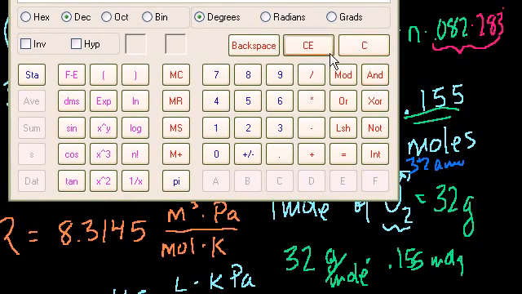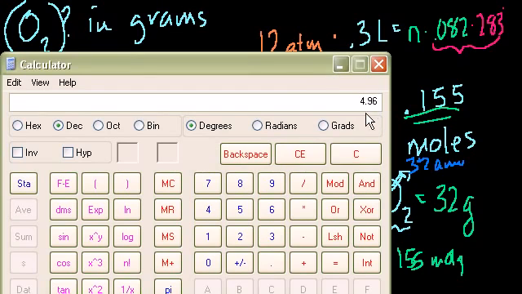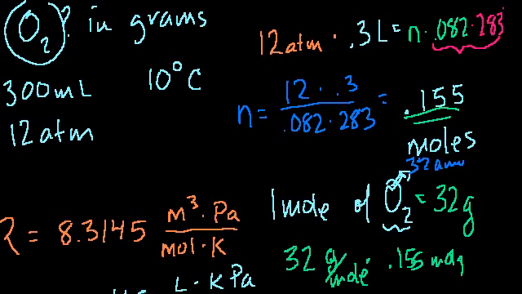So we have 32 times 0.155, which is equal to 4.96 grams, or roughly 5 grams. So we have approximately 5 grams of molecular oxygen.